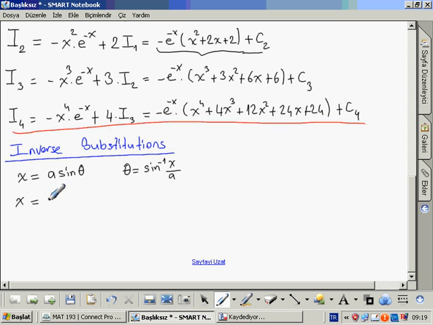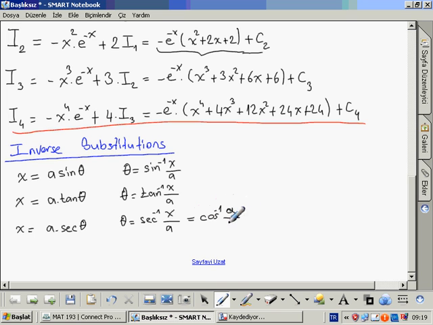Similarly, x equals a times tan theta, so theta equals inverse tan of x over a, and x equals a secant theta, and theta equals inverse secant of x over a, and also you can call it the inverse cosine of a over x, it's the same.